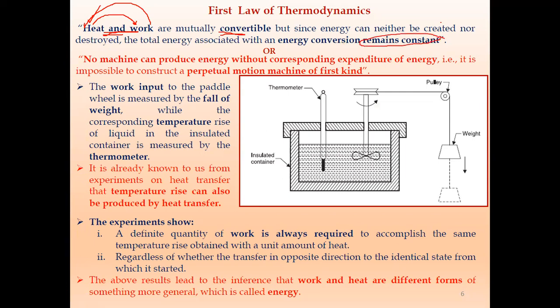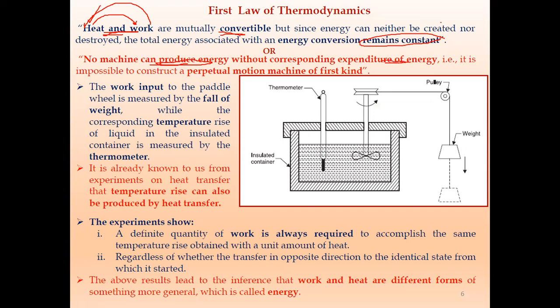Whatever energy comes from heat to work or work to heat, it should be constant. Or, we can say that there is no machine that can produce energy without corresponding expenditure of energy.